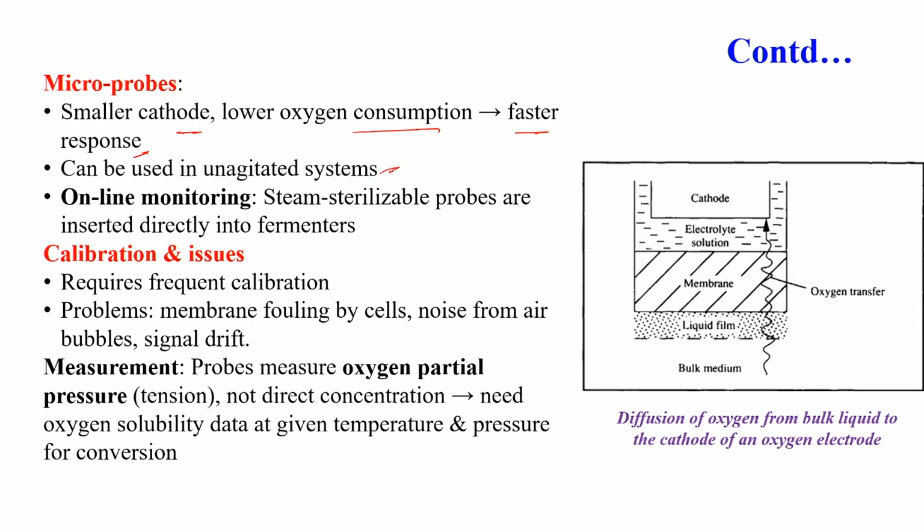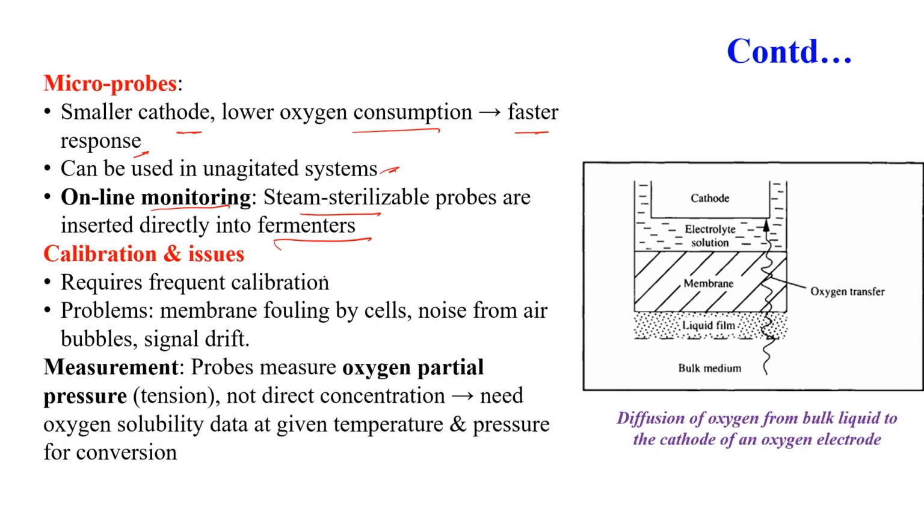They can be used even in unagitated systems where proper stirring is not there. For online monitoring, particularly in situ, the steam sterilizable probes are inserted directly into the bioreactor.